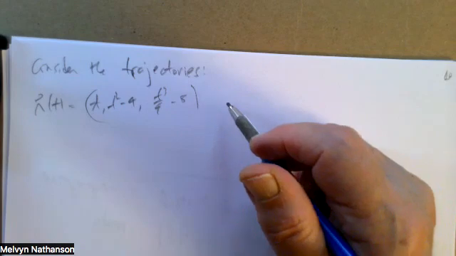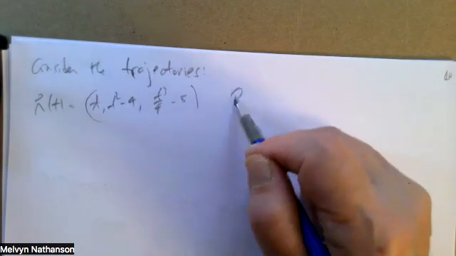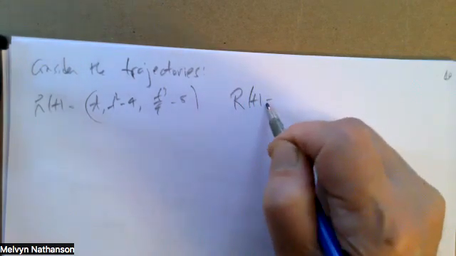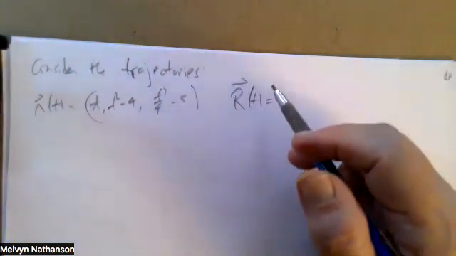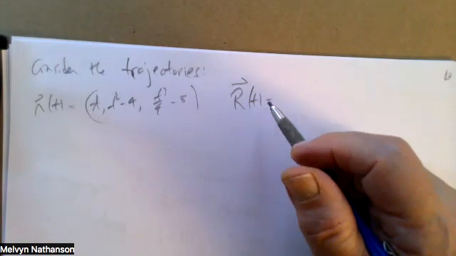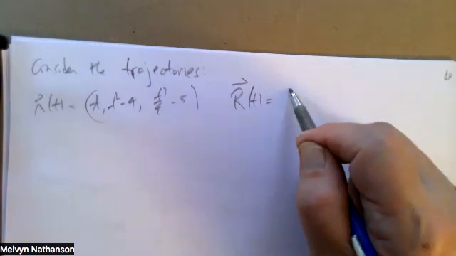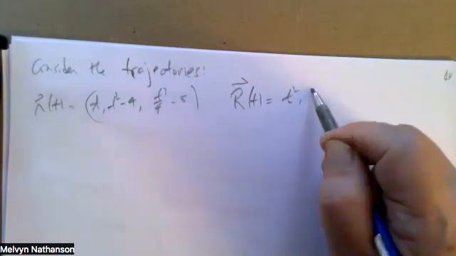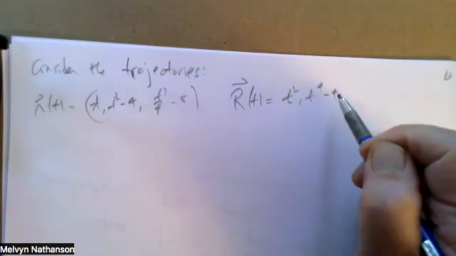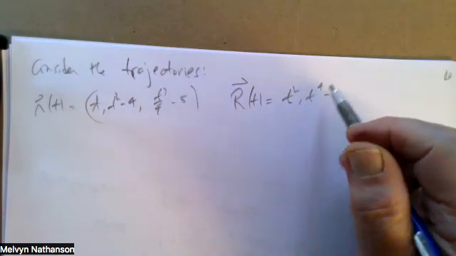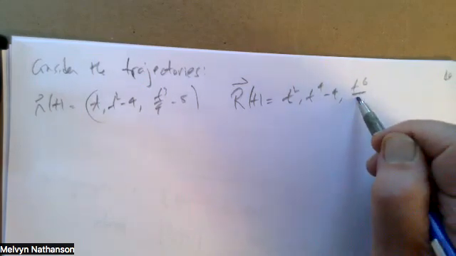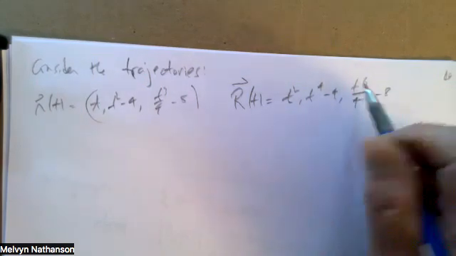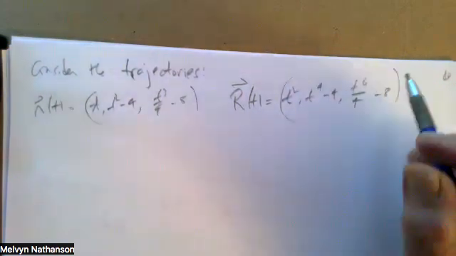And you have another particle whose position at time t is given by the position function. These are vector functions. R of t is t squared, t to the 4th minus 4, t to the 6th over 4 minus 8.